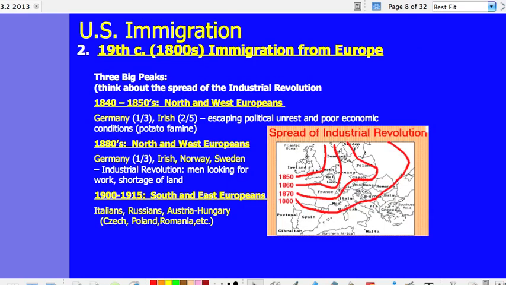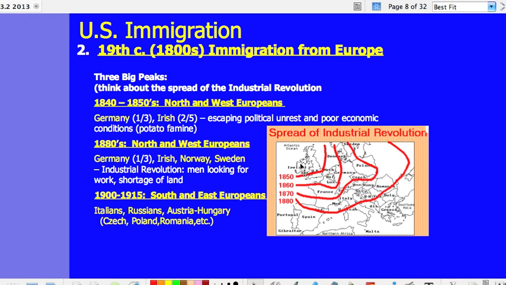The second era of migration to the United States would be during the 19th century, which is the 1800s. And again, as you look at the spread of the Industrial Revolution, these three peaks of migration coincide with this spread. So the first peak you see is the mid-1800s, 1840 to 1850. We're looking at countries in northwest Europe.